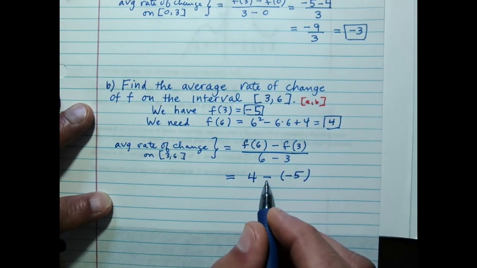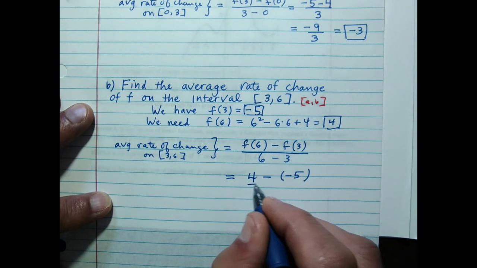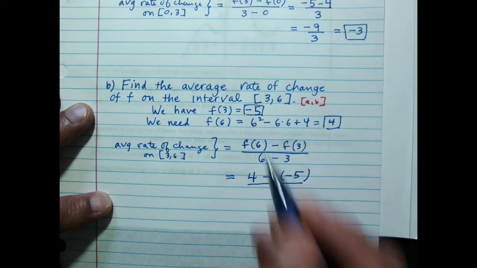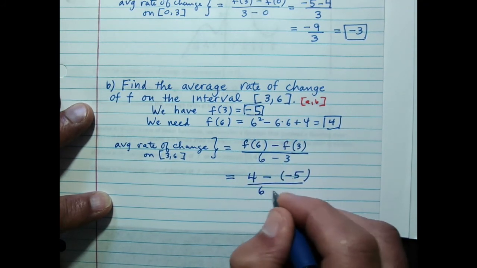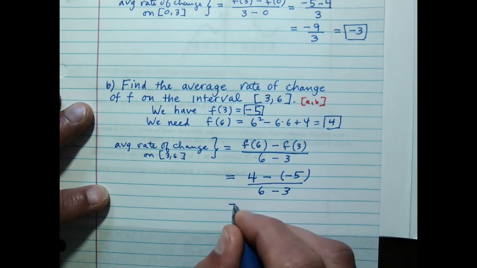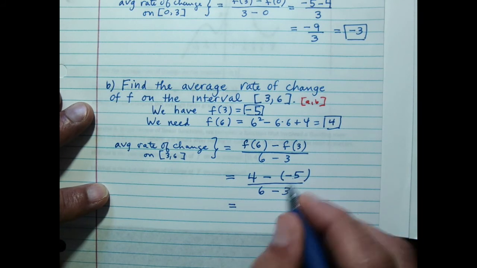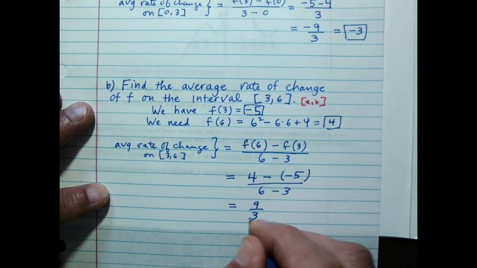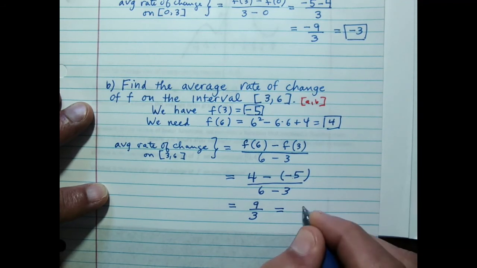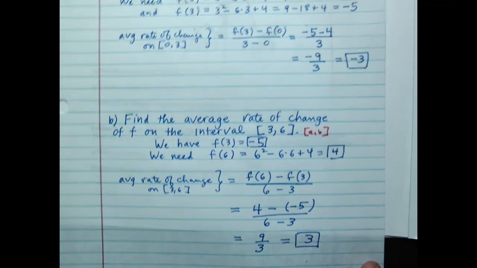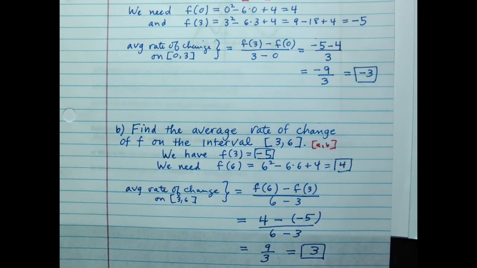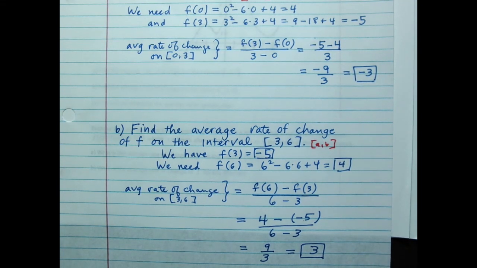Notice how I have 4 minus a negative 5. There's a minus sign from the formula and a minus sign attached to f of 3, over 6 minus 3. 4 minus a negative 5 is 4 plus 5, or positive 9 over 3. So that's going to be equal to a positive 3. And that's the answer for B. So in A we got a negative. Sometimes average rate of change comes out to be negative, but in B we actually got a positive 3.